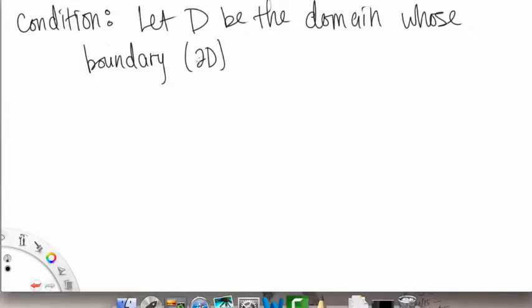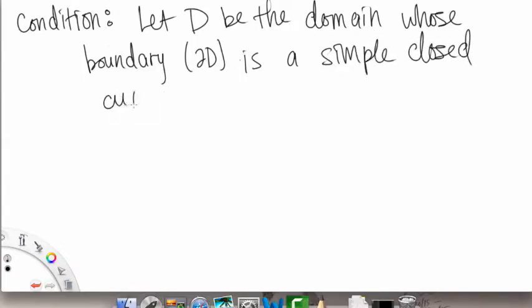I know we use it in partial derivatives, but it's probably called something, and I'm guessing it might be Greek. So when we're letting D be the domain whose boundary is a simple, and this is the important part, simple closed curve oriented, and I'll put CC for counterclockwise.